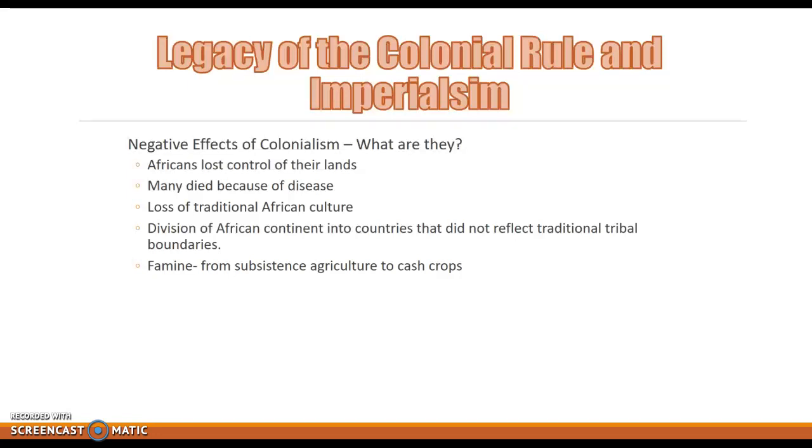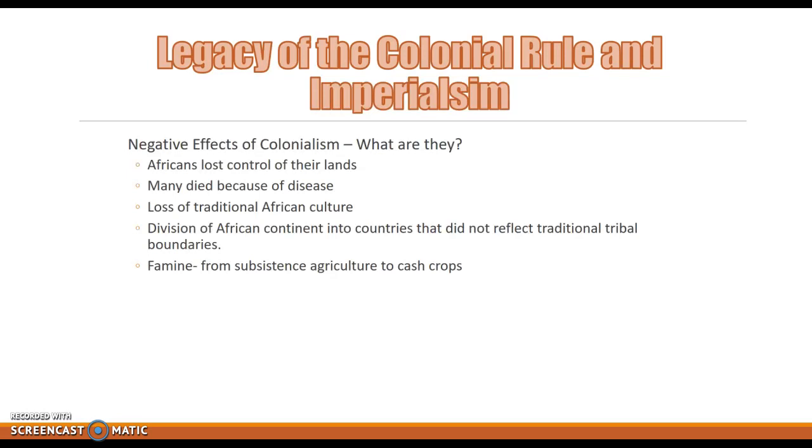tribal areas that were placed within countries, and these tribes have been literally warring with each other for maybe hundreds of years, and now we're putting them in the same actual political country together. And that really was not a very good thing because it actually caused more and more conflict, and still causes conflict today.